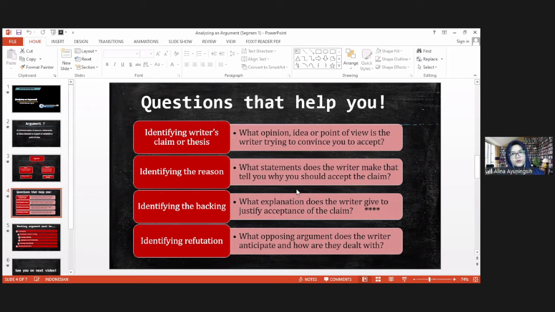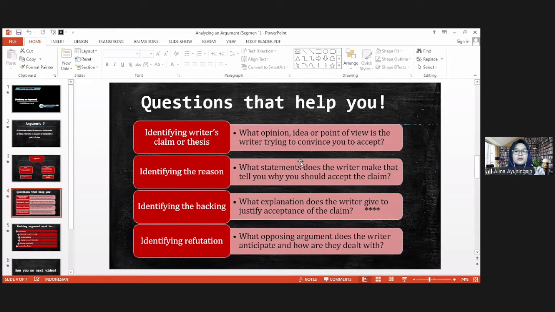Kalau ada reason yang identifying the reason-nya dari si author, mungkin dia akan bilang seperti ini: The reason why the author wrote this argumentative essay is because nowadays there are a lot of issues regarding school uniforms in Florida. Okay, that is the example.